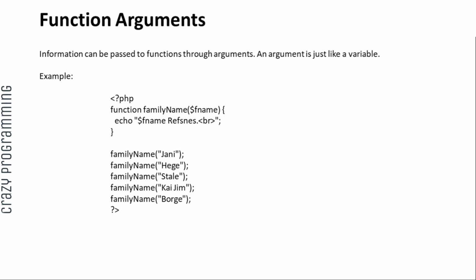My first argument is Jenny, so the output will be Jenny Refsnes. This is the output. And like this, you can see I used familyName five times with different arguments. The surname is a common surname, so I used it on a common basis. It's a short code to help you understand function arguments.